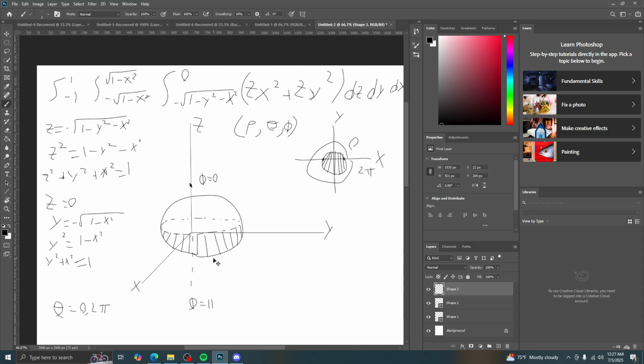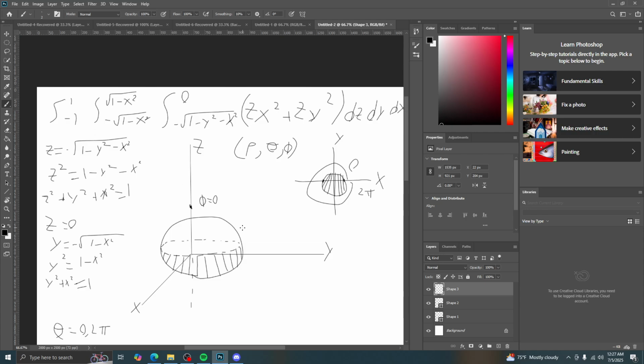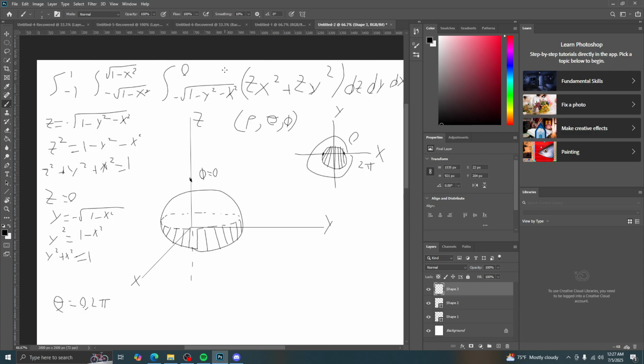Now if you remember, phi is not starting on the positive z-axis, right? Because the z is bounded from 0 to the negative half of the sphere, which means that it does go to this negative half.